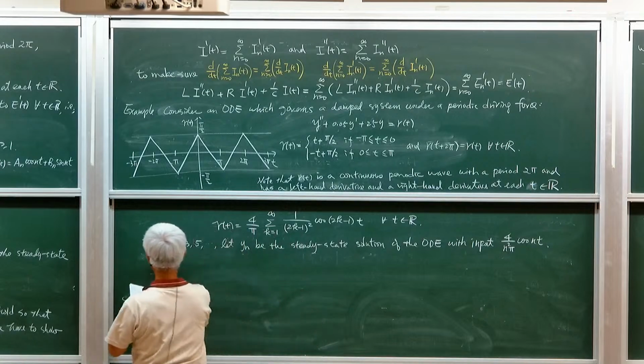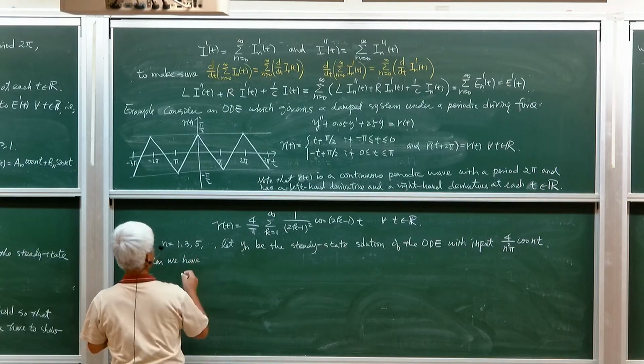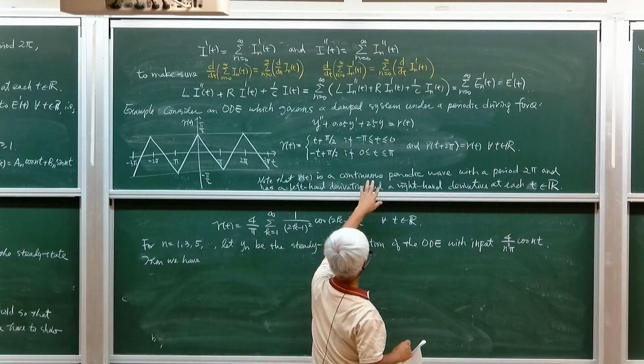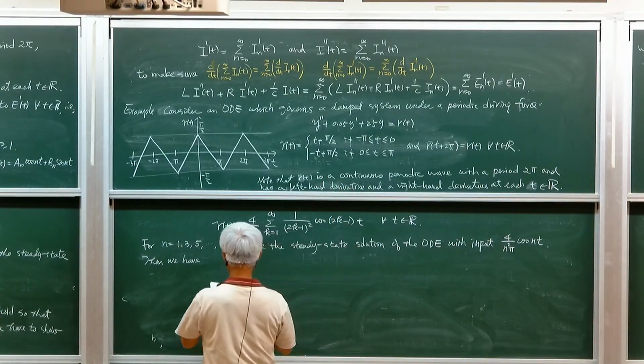Then we have, right? So it's easy because this is a cosine signal, so it's quite easy to solve the second order differential equation.